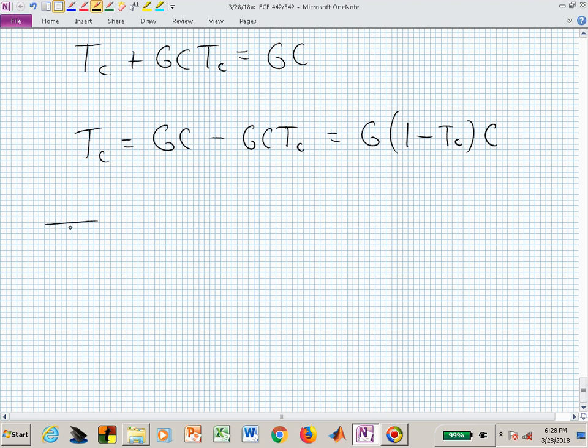So now I really just have T sub C is equal to G times 1 minus T sub C times C, and I can divide all the terms that are scaling C to isolate C, and that's my controller that I'm trying to solve for.